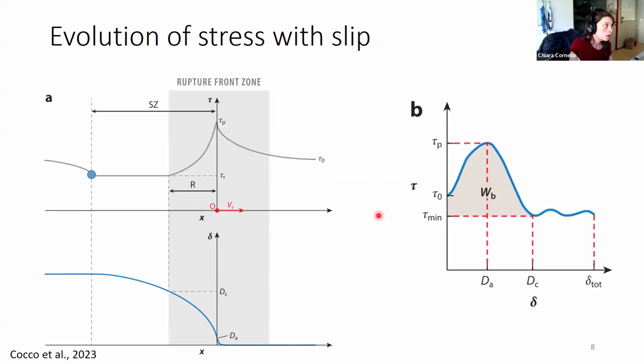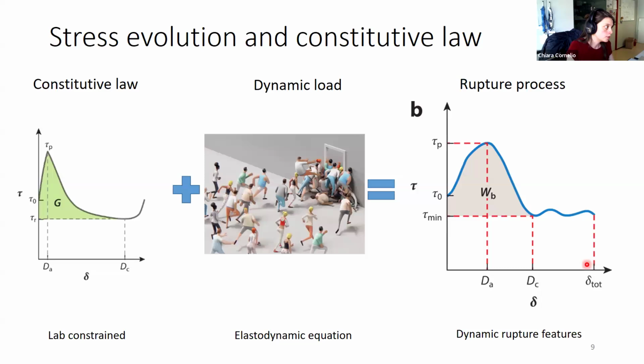What we can also observe is that the response of the shear stress at a point of the rupture can be described as the evolution of the shear stress versus the slip. But this evolution is actually the result of the constitutive law that we can also determine at the laboratory scale, but also of the dynamic loading.